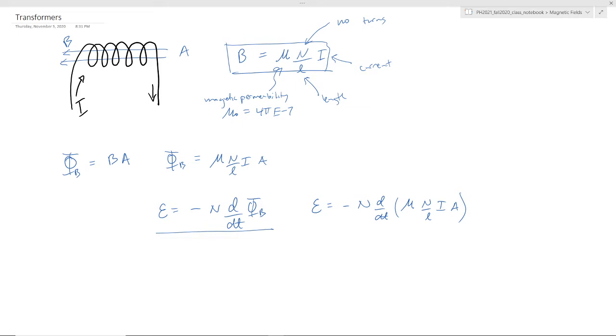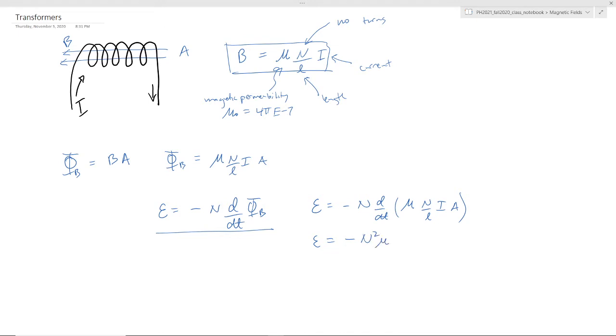You're not going to be changing usually the area of the coil or the number of turns. You can imagine problems where you can do that, and there are some things like that in the homework. But generally, if you're talking about a coil, the thing that you're going to change is the current. And so you could factor out all that stuff, and notice you get a factor of n squared.